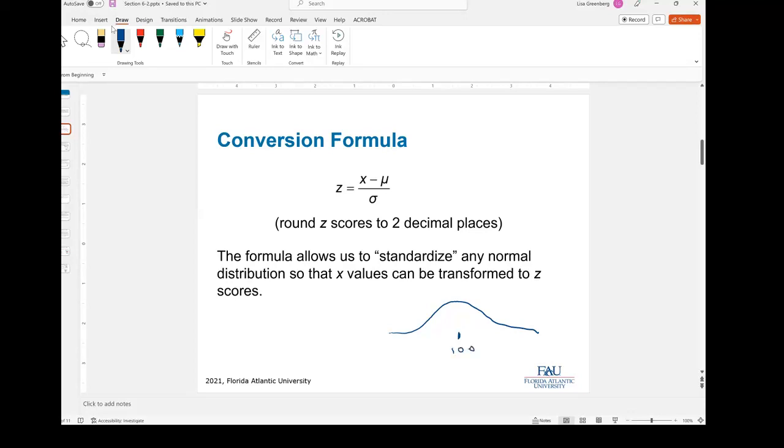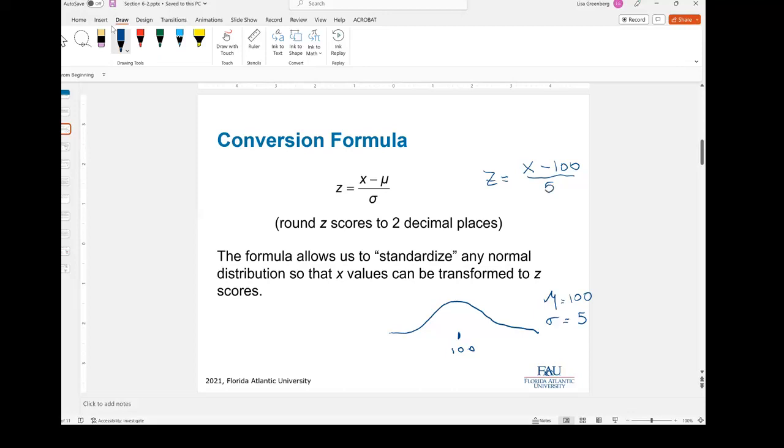So basically, let's say you start off with a normal curve and our mean is, let's say, mu equals 100, and our standard deviation is equal to 5. Well, we can plug in that formula, and we can say our Z number is equal to some X minus 100 divided by 5.